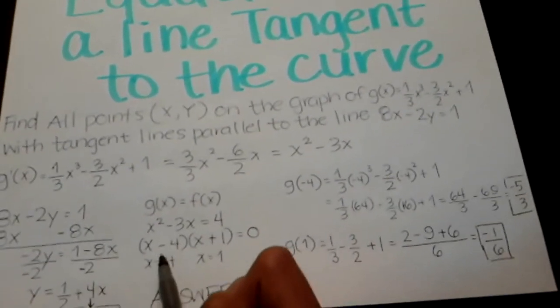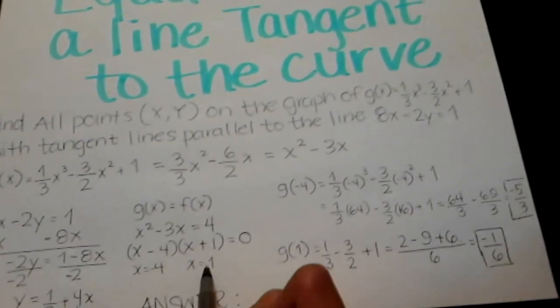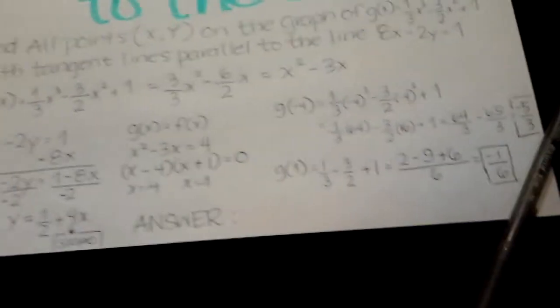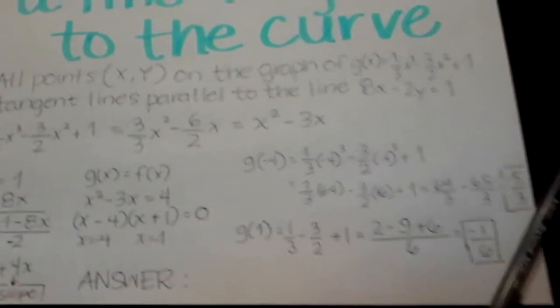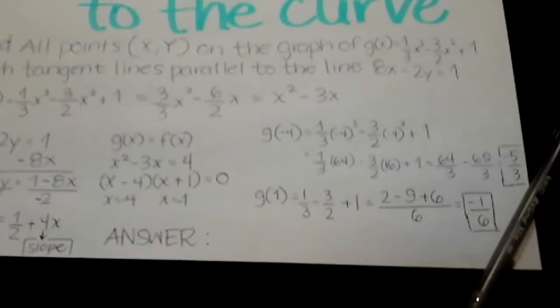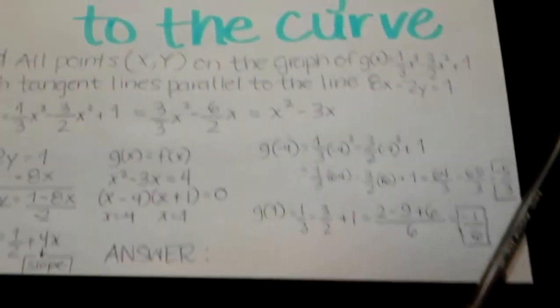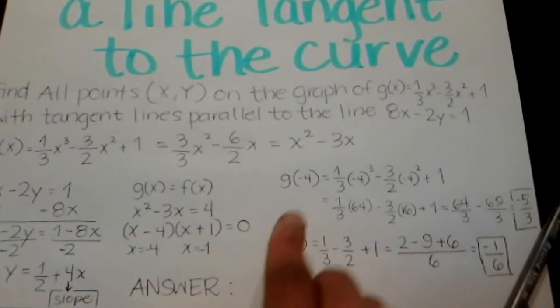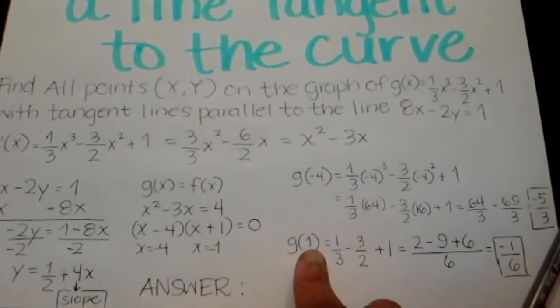X will equal positive 4, and x will equal negative 1. And the next step you're going to do is plug in the 2 points from g prime of x that equal f of x into the original equation. So the 2 points you have are 4 right here and negative 1.